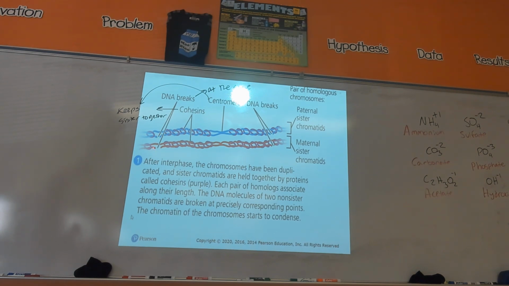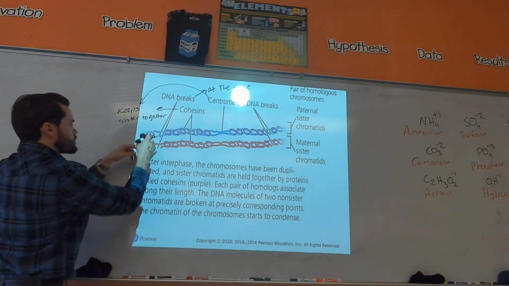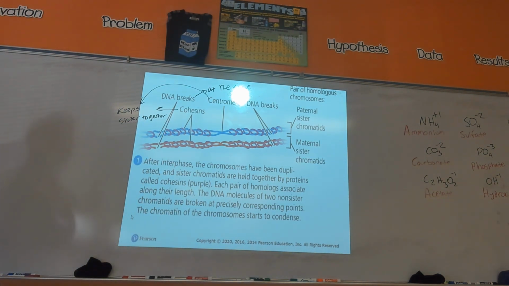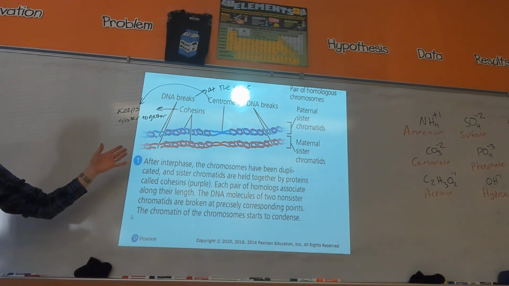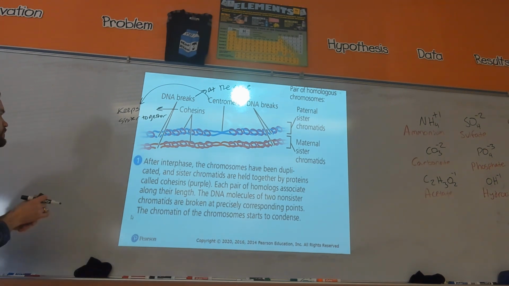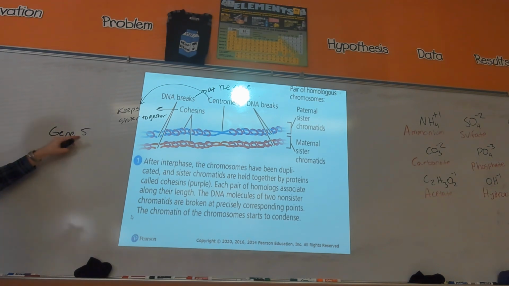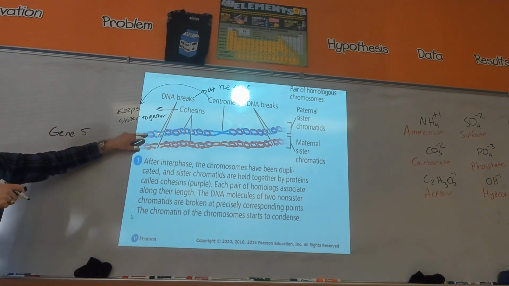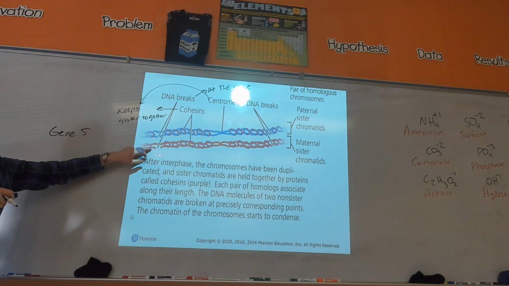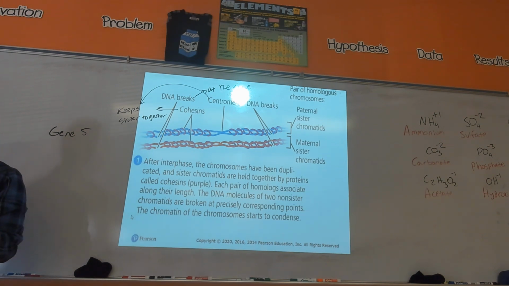Okay? And the reason why you want to do that is because, as you'll see in the next slide, we're eventually going to cross over. We're going to exchange DNA from the same genes. For example, let's say this DNA break is occurring at gene 5. What you want to do is swap gene 5 from mom with gene 5 from dad.